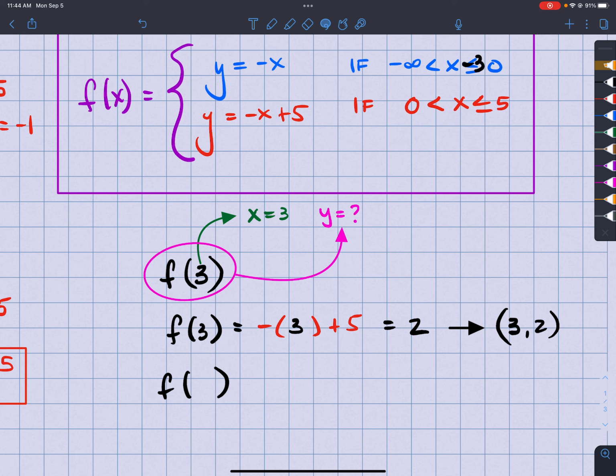Well, that would lie here between negative infinity and 0. So this is the equation I would use. So that would say this is equal to negative negative 3. So that's going to give me a positive 3, which also gives me a point of (-3, 3). All right.